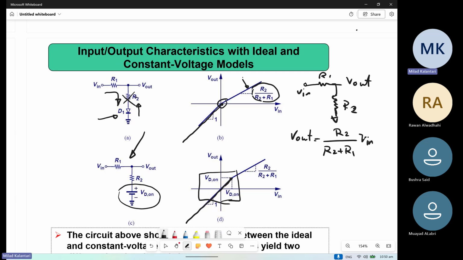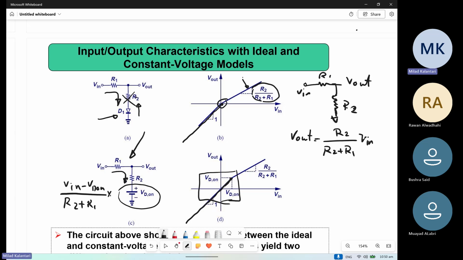And now, how is the V out over V in? How can you solve it? Okay. Divide by R2 plus R1 is the current of this, right?